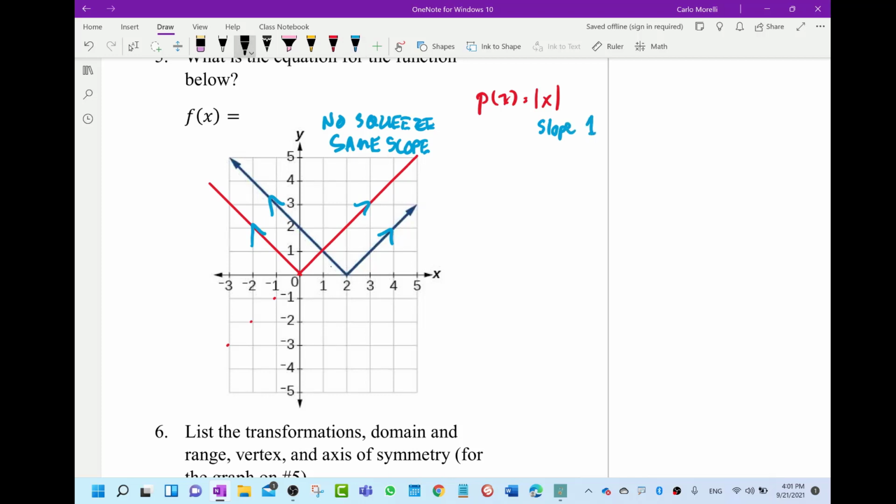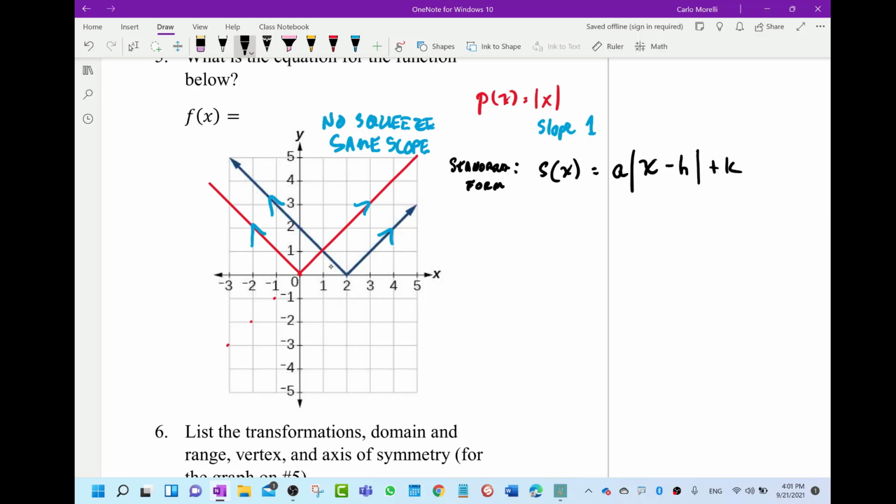You have to know this basic formula. Remember f, let me use a different letter. This is just like the standard form. They keep giving me f of x, so I'm going to say s of x. Standard form is s of x equals a times the absolute value of x minus h, plus k.